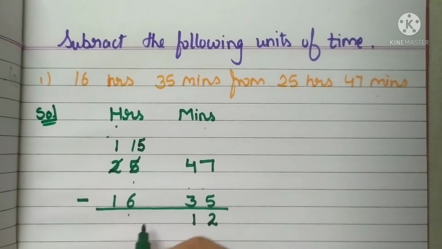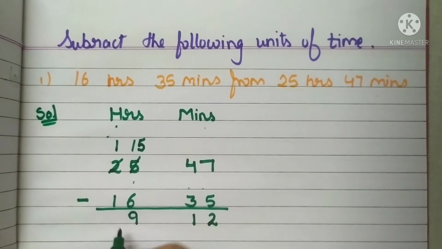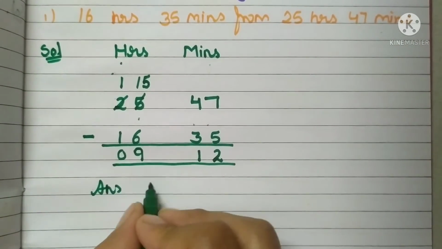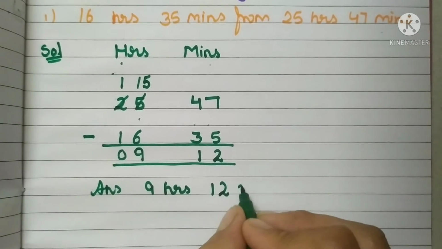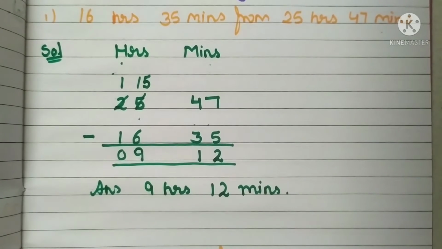So 15 minus 6 will be 9 and 1 minus 1 will be 0. So our answer will be, हमारा आंसर होगा 9 hours 12 minutes. This is our answer.